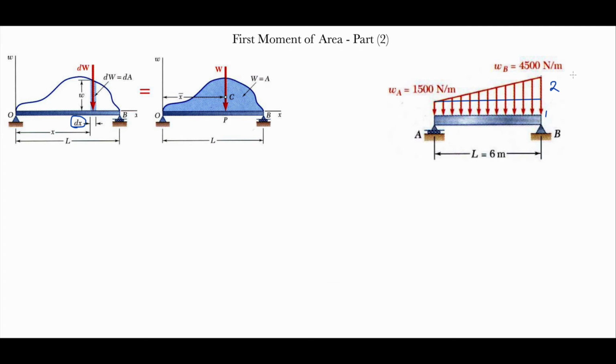So it's 4.5. If we want to get this number now, because we subtract both the triangle and rectangle, so it's 4.5 kilonewton minus 1.5. So it's actually 3. This is 3 kilonewton. This is 0, and this is 1.5 kilonewton.